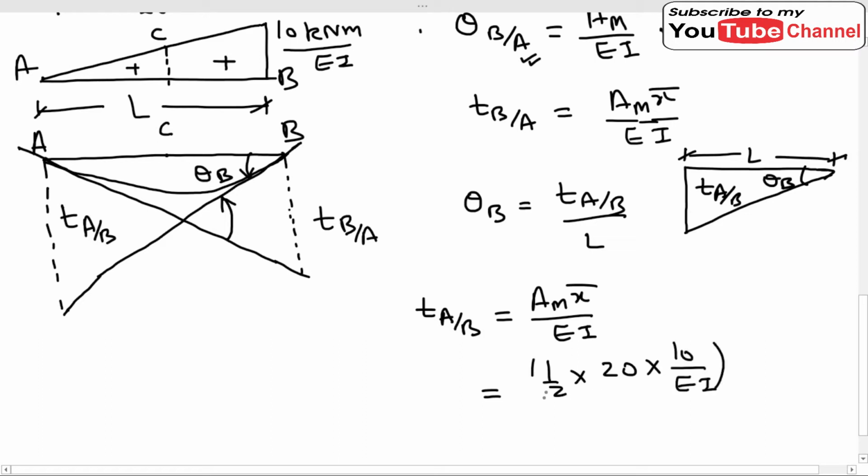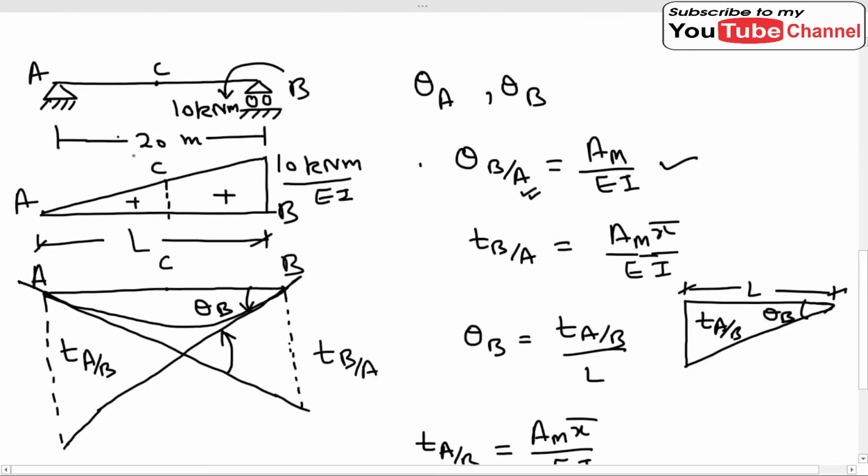This is my area, 1 by 2 into 20. Let me erase this L and change it to 20 meter.